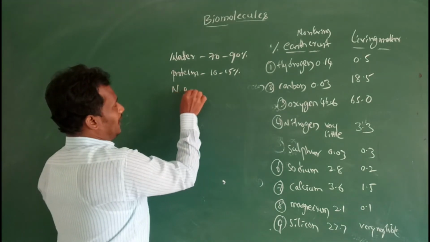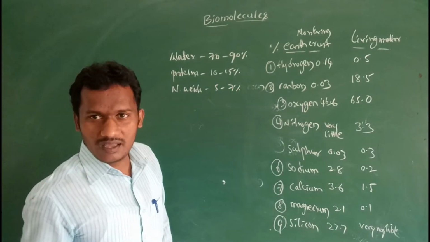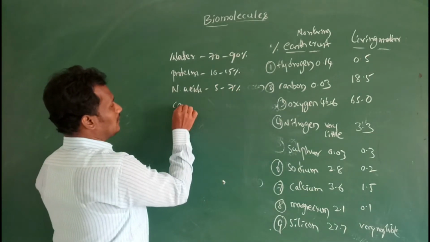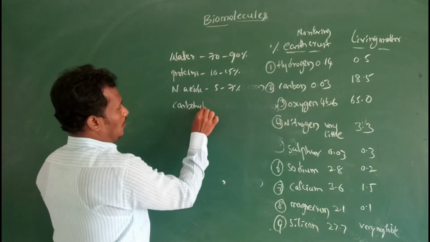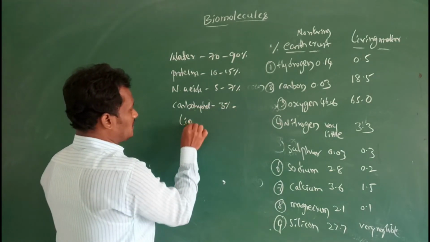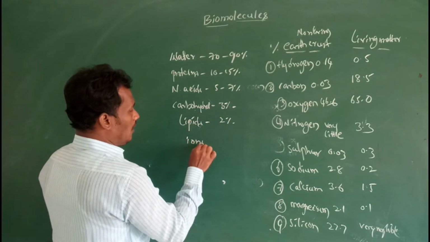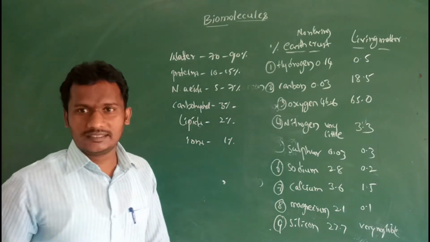Next, nucleic acids: 5 to 7%. Then carbohydrates: 3% is present. Next, lipids 2%. Then ions are 1%.